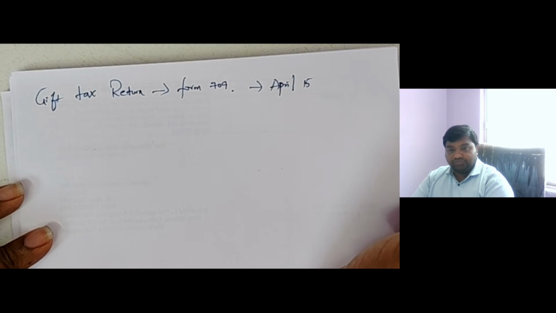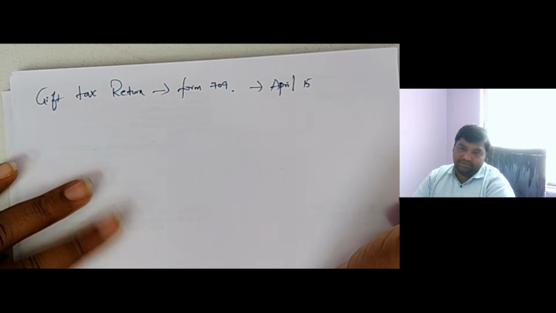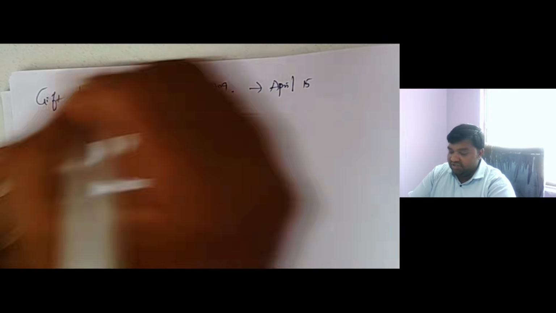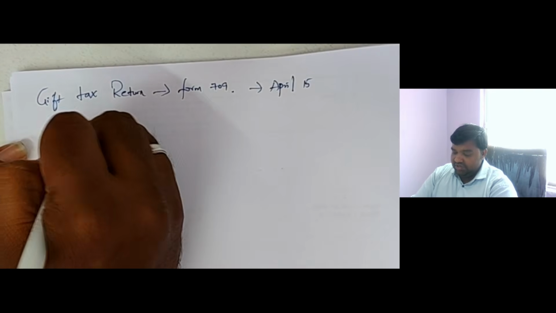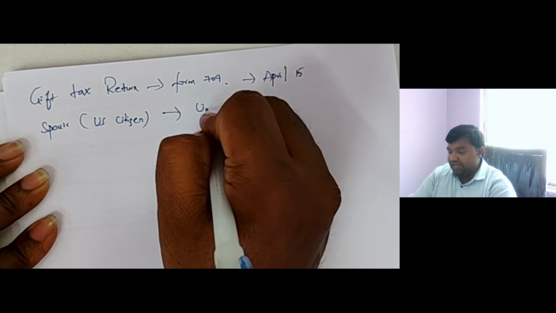So now, suppose you have given a gift of $10,000 to your friend, is it exempt? Yes, it is exempt. There is no concept of blood relation in the US except for spouse. For a spouse, if she is a US citizen, you can give an unlimited amount of gift.